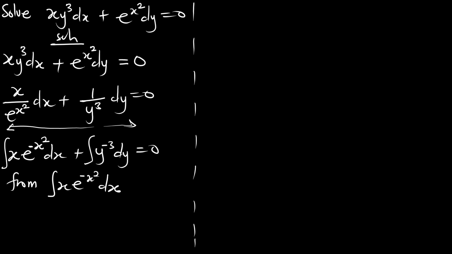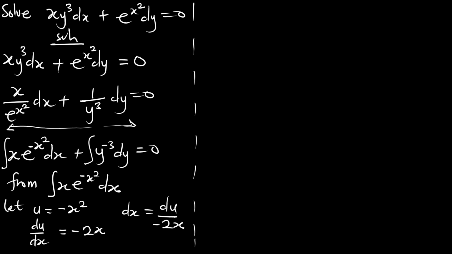We let u be equal to negative x squared, where du, if we differentiate this, is going to be negative 2x dx. So making dx the subject, dx is equal to du over negative 2x. Very good.